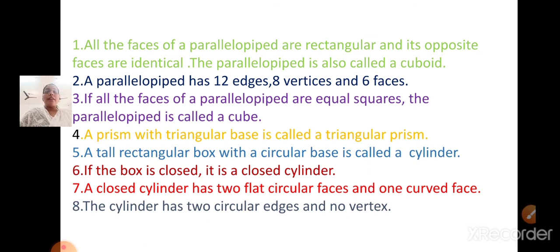And in the cylinder, a tall rectangular box with a circular base is called a cylinder. And if the box is closed, it is a closed cylinder. A closed cylinder has 2 flat faces and 1 curved face. And the cylinder has 2 circular edges and no vertex.